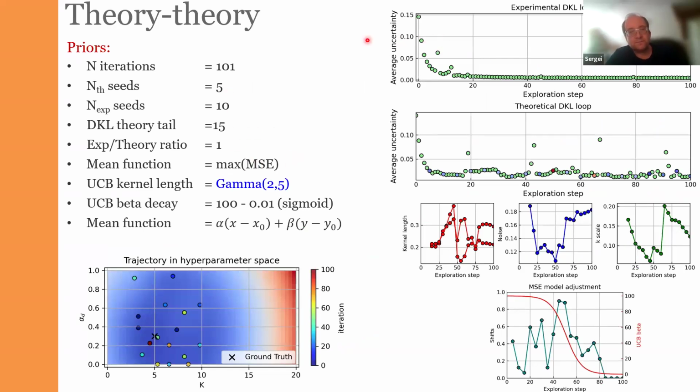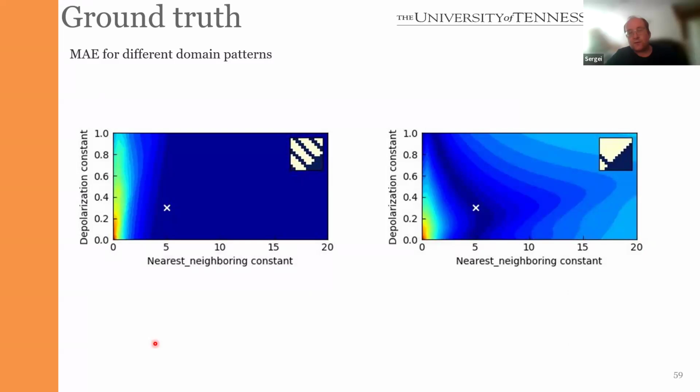So for example, for the theory comparison, you can see how the theoretical and experimental models train. This is the learning of the experimental loop. This is the learning of the theoretical loop, and it's much more erratic because we update theory during the process. It turns out that at least we can get the prediction close to the ground truth, so that's already good.